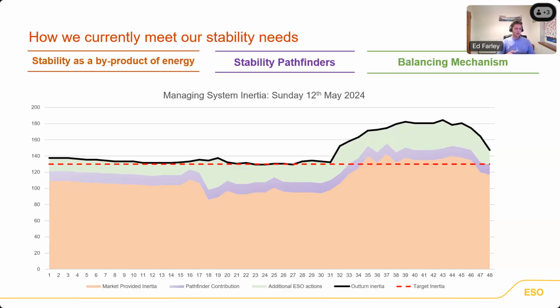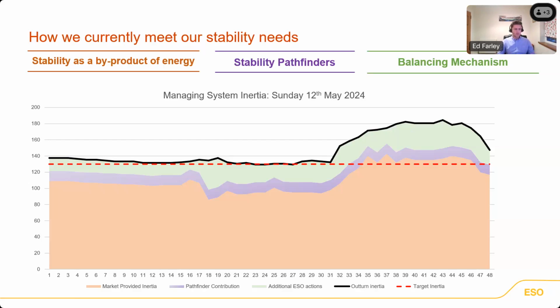So that proportion of market provided inertia in pink, the proportion of inertia that we get from Pathfinder assets, and then where we've taken additional actions to increase that amount of inertia further. And across this cross section, you can see also the target inertia threshold, currently 130 GVA seconds, obviously to be reduced in the future.